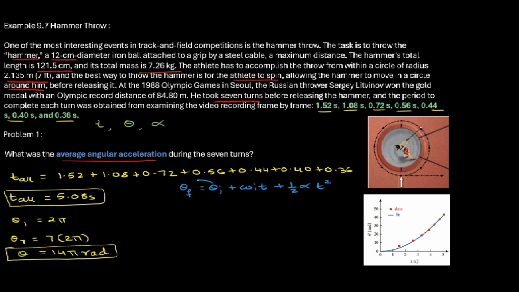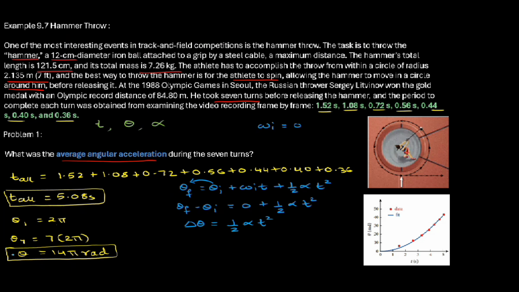So we move this theta initial to the other side, we get theta final minus theta initial equal to omega initial t, where omega initial is the initial angular velocity, and since we started from rest, the initial angular velocity will be 0. So this whole term becomes 0 plus half alpha t squared. Theta final minus theta initial is my delta theta, which will be equal to half alpha t squared.